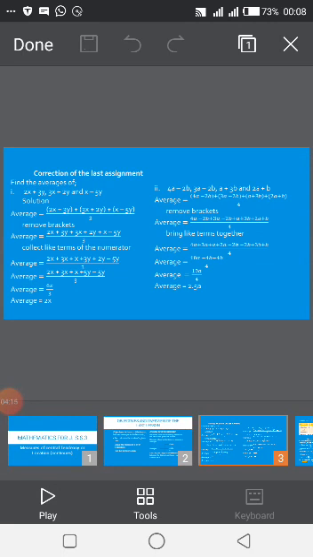Minus 4b plus 4b will cancel out, giving you 0, and then you are left with 10a divided by 4, which eventually gives you 2.5a. I believe you have done it, and you can check the correction, check where you have made mistakes if you did it wrongly, and correct yourself.